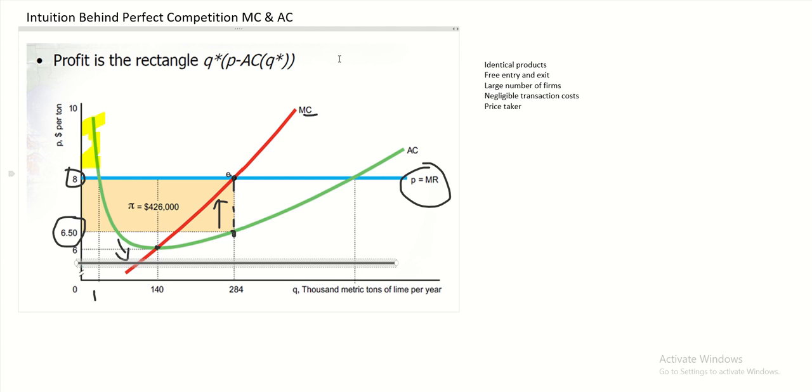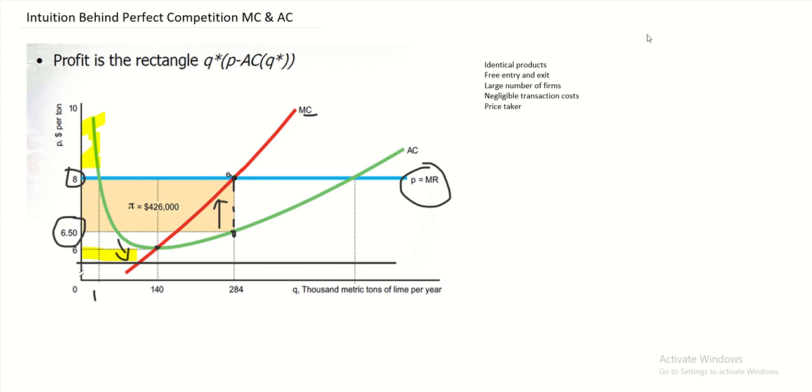This rectangle outlined here will be the losses made by a firm if it were producing at this particular price. Okay, so that's basically the intuition behind the diagram.